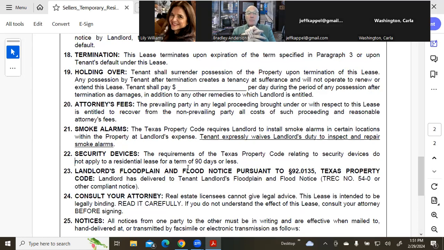Any possession by the tenant after the termination creates a tenancy at sufferance and will not operate to renew or extend the lease. In other words, you're squatting after the lease is over. And if that happens, the tenant's going to pay, to Jeff's point, a pretty high amount per day during the period of any possession after termination as damages, in addition to any other remedies to which landlord is entitled.